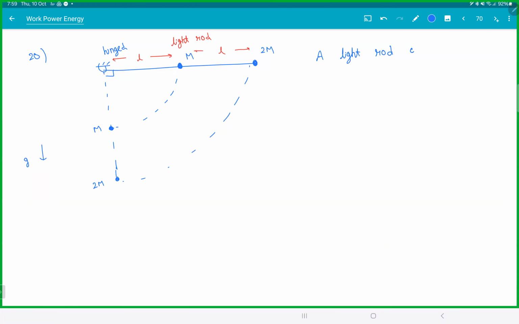So a light rod of length 2L with masses m and 2m attached as shown.